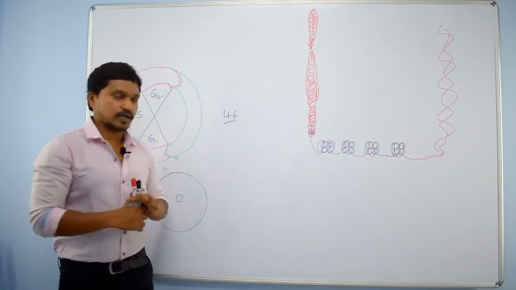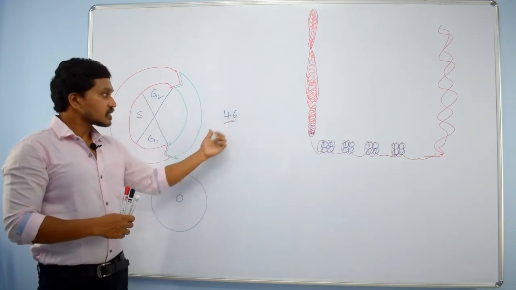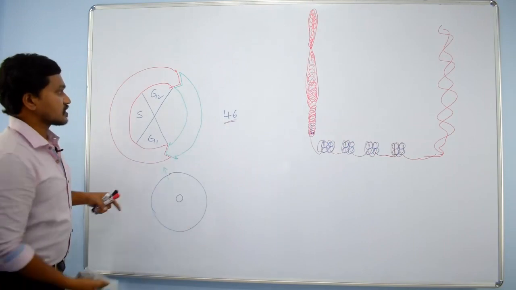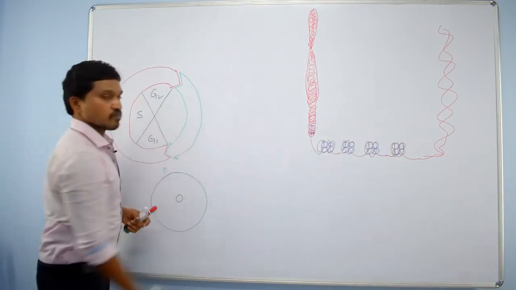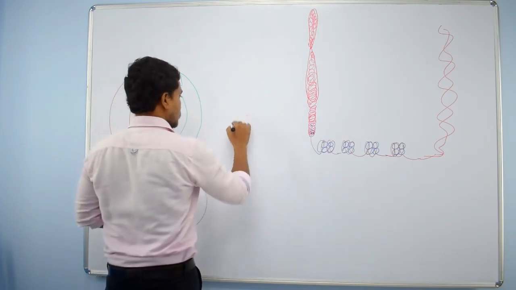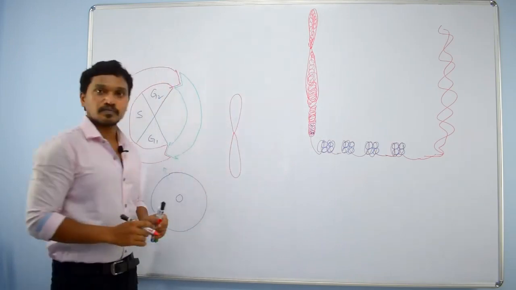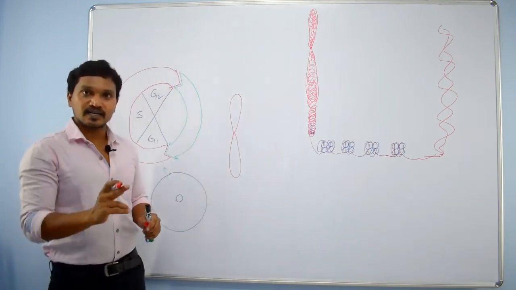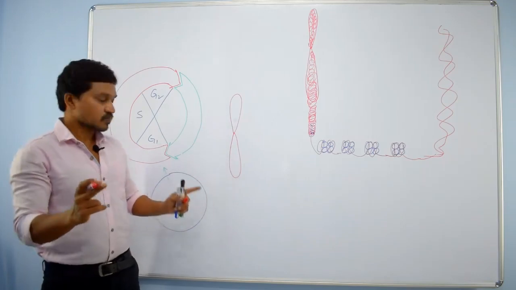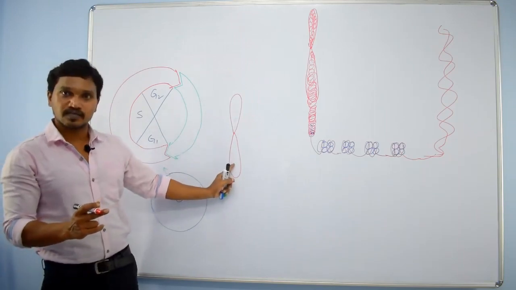Clear? Right. Now if you take a single chromosome, one chromosome before the synthesis phase, you can observe it like this, right? When the chromosome is condensed before the synthesis phase, it appears like this.